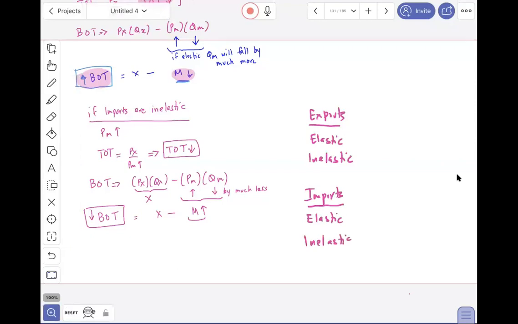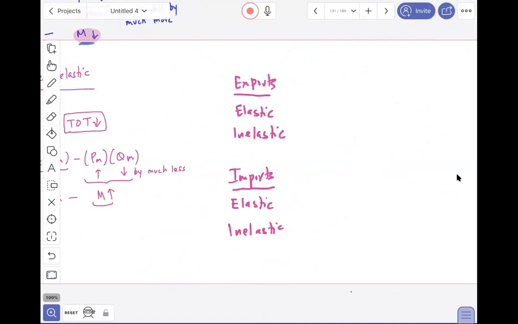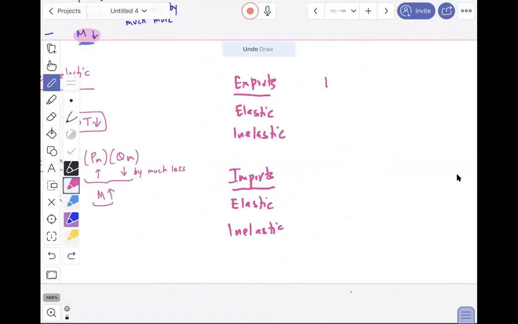In all our four cases, we made the price go up. So price is going up. What will happen to terms of trade and balance of trade?